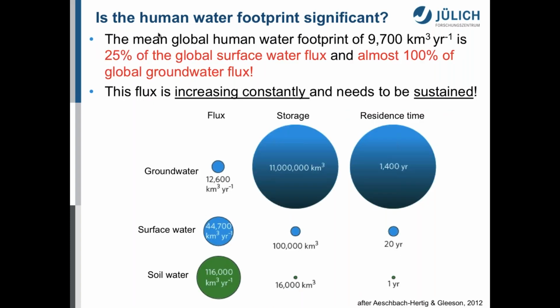And so I can calculate, based on this, the mean global human water footprint of close to 10,000 cubic kilometers per year, which, if you look at some data on global water fluxes from Eschbach-Hertig and Gleason from 2012, is on the order of the global groundwater flux of a little bit above 10,000 cubic kilometers per year, and it's about a quarter of the global surface water flux of about 45,000 cubic kilometers per year.